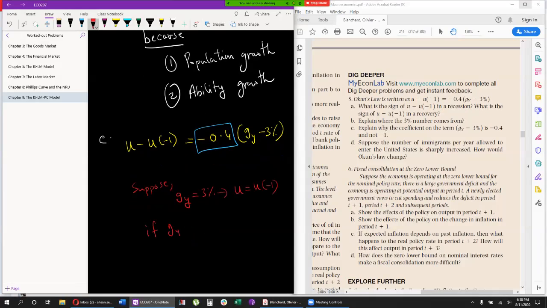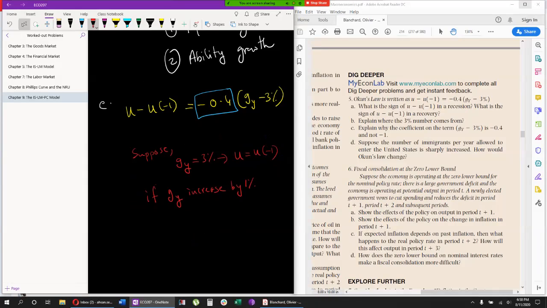If growth increases by 1%, so gY now is 4%, more growth. What does that mean? Unemployment this year is less than unemployment from the previous year.